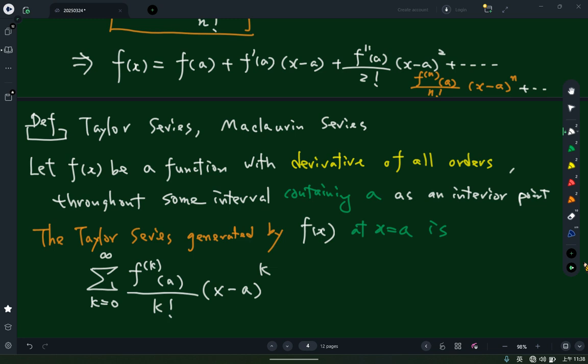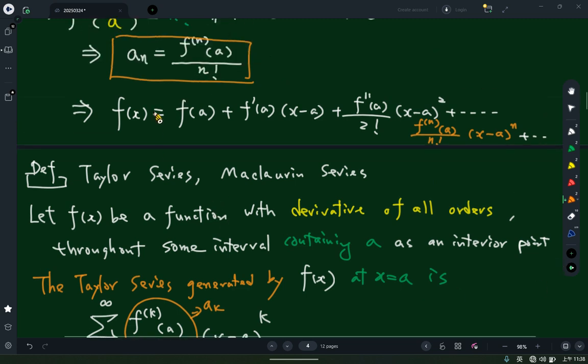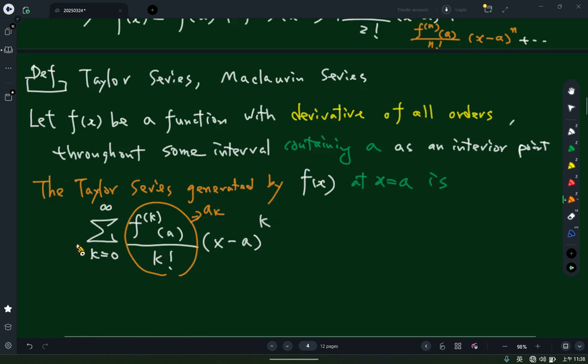Let's remember the coefficient is this one. So let me just emphasize that again. You can see here is the a_k. Maybe sometimes we write it as a_n, sometimes as a_k. It's fine, k is fine, n is also fine.